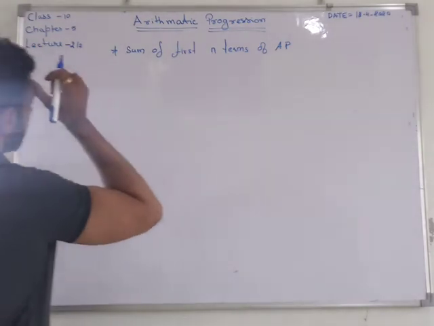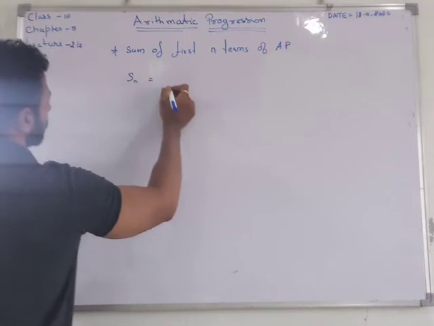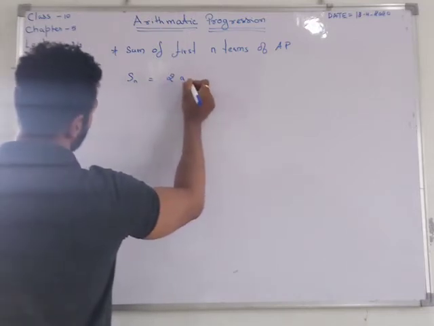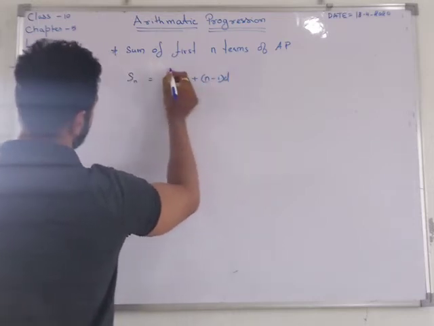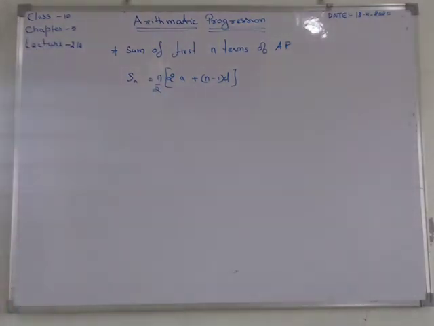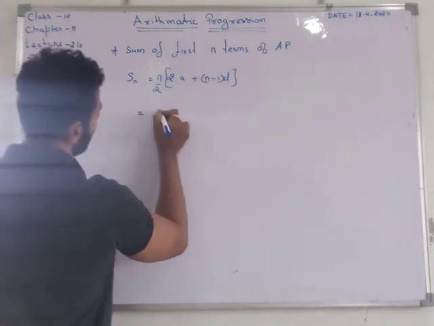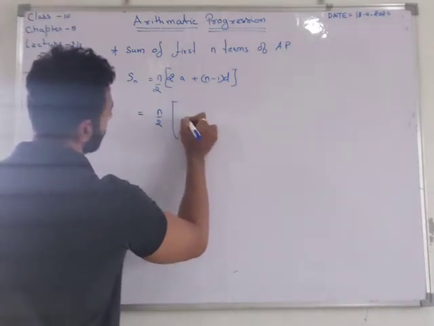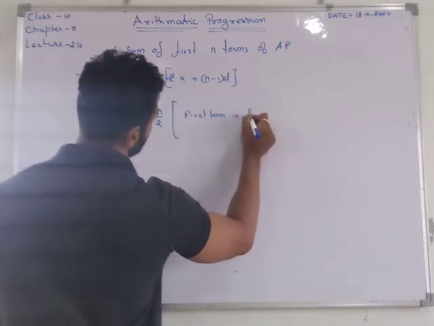This sum can be found by Sn is equal to n by 2 into twice A plus n minus 1 into D. This formula we use to find the sum of the first n terms of an arithmetic progression. One more formula you can use: n by 2 into first term plus last term.